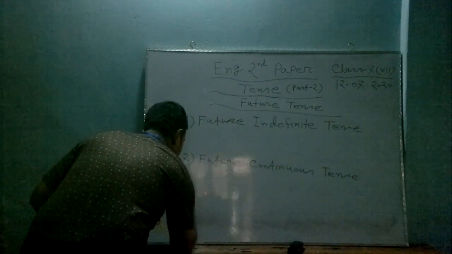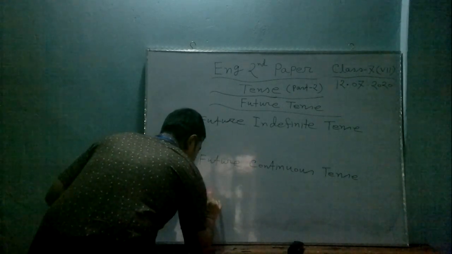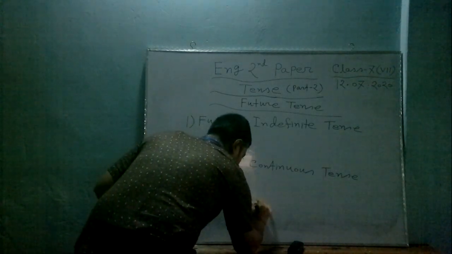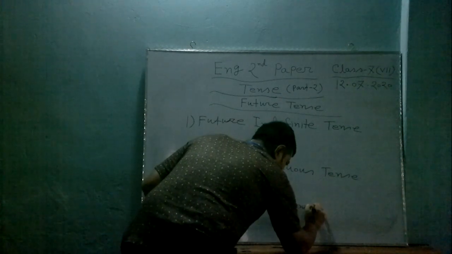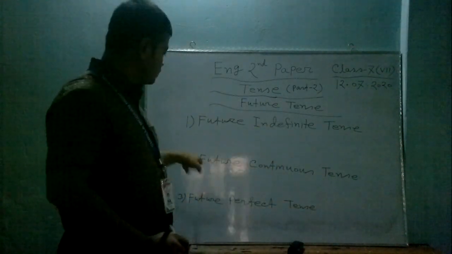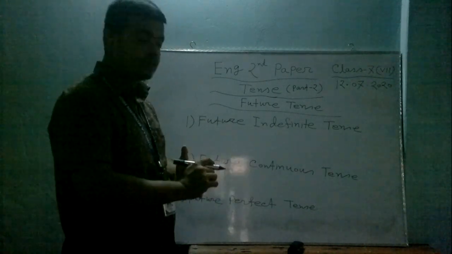Third part is called future perfect tense. First part is future indefinite tense, second part is future continuous tense, and third part is future perfect tense.